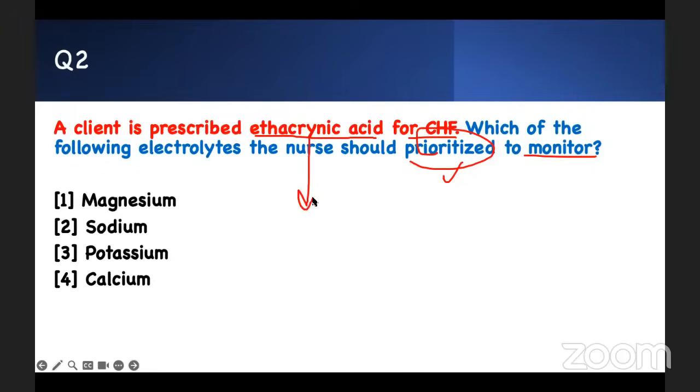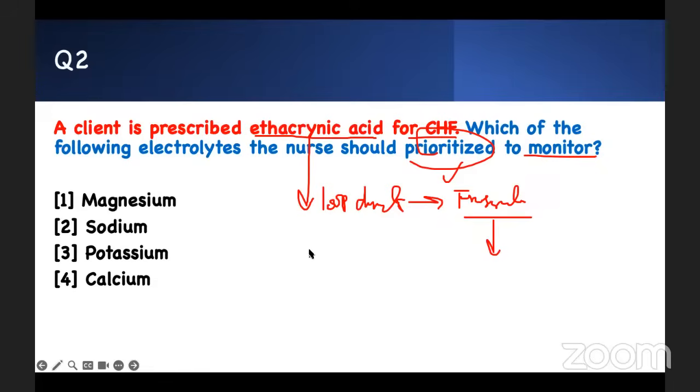This is what? It's a loop diuretic. If you don't recognize it, it's a loop diuretic. Just write its friend. Its friend is what? Furosemide, right? If you know furosemide, what are the things you worry about with furosemide? Then you use it to answer the question.